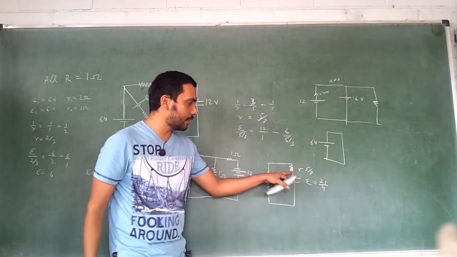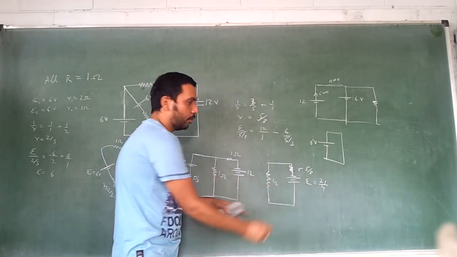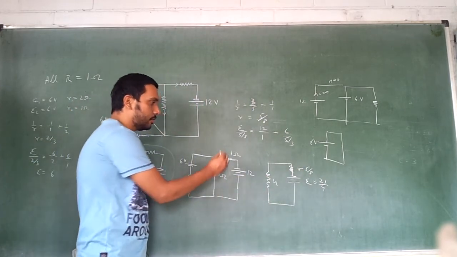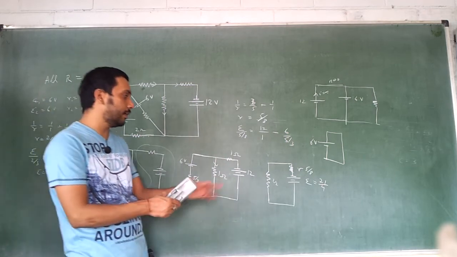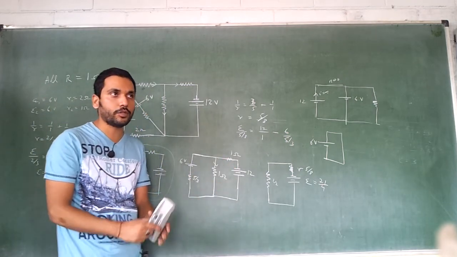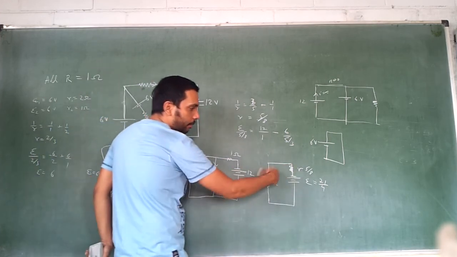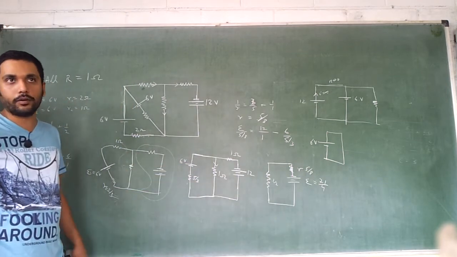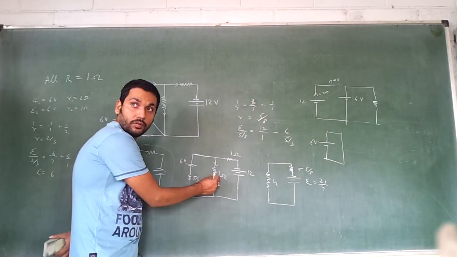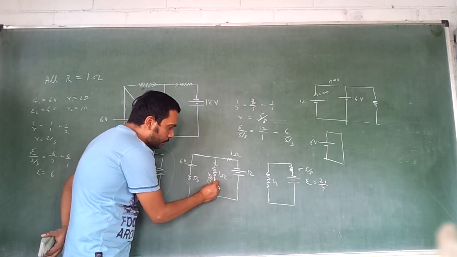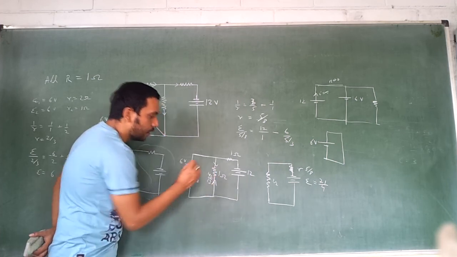Now this R is in series with 1 ohm, you can solve. So what you'll get? You'll only get the current in this branch. Don't even think that you have got this current. You'll get current only in this branch, which, if you combine 5 by 8 plus 1 and do this calculation, comes out to be 42 by 13 amperes up.